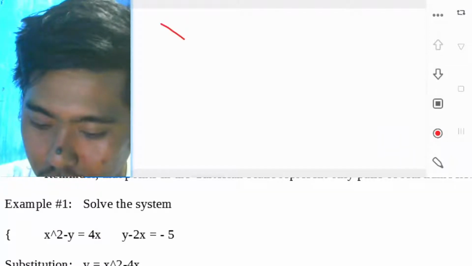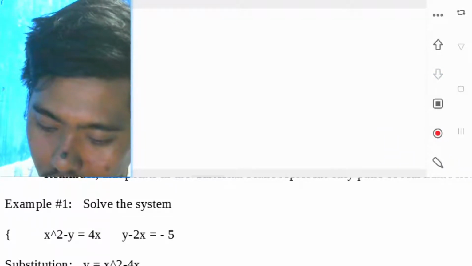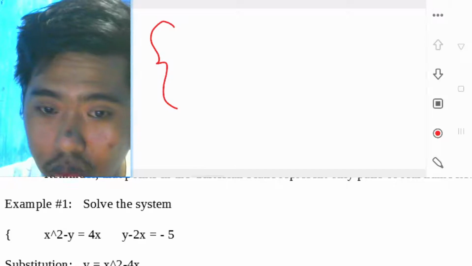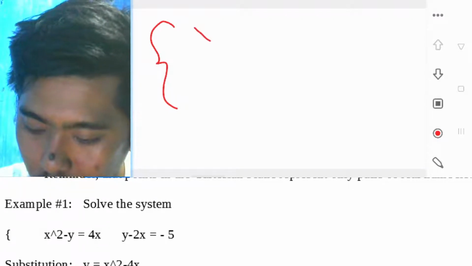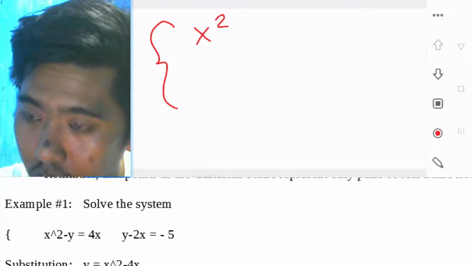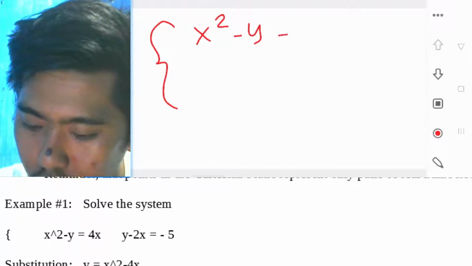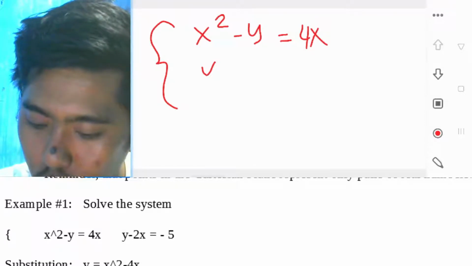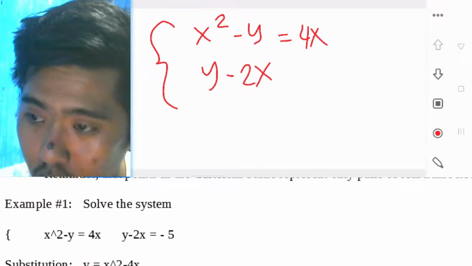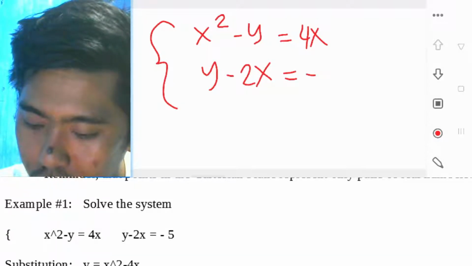So, we have: solve the system. First equation, we have x squared minus y equal to 4x, and the other one is y minus 2x equal to negative 5.